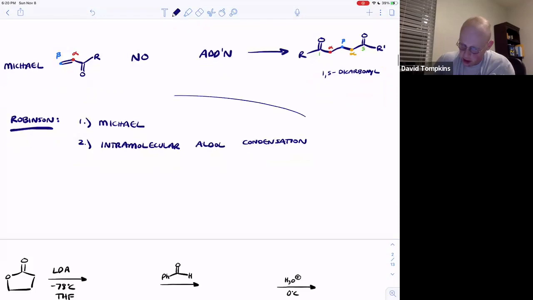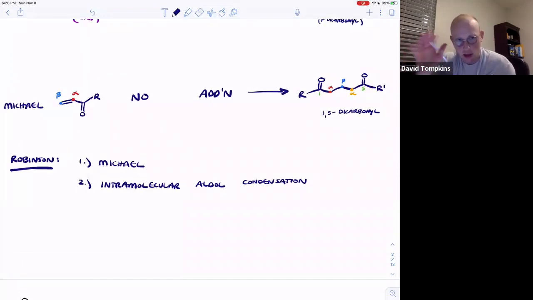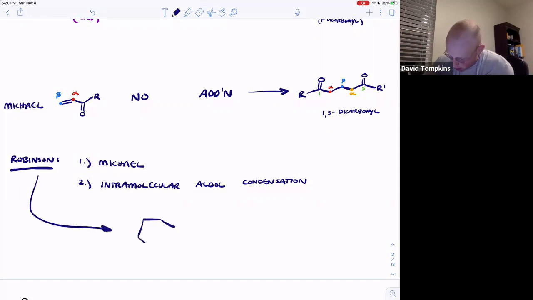So more to come on this, but all of the rules that I wrote out above for Michael and Aldol individually are still true within the Robinson. But the Robinson will always give a product that looks like this. It will be a 6-membered ring, always, with an alpha beta double bond conjugated to the carbonyl, which is collectively known as a cyclohexenone.